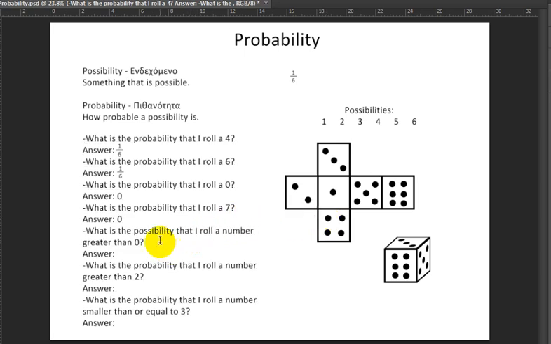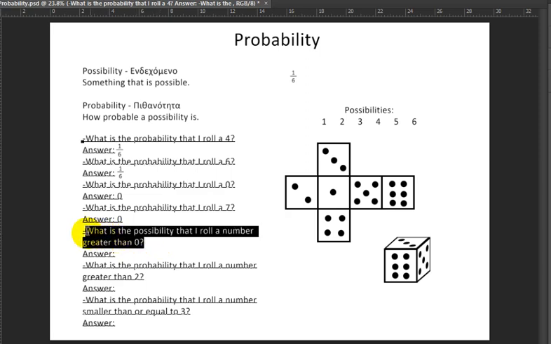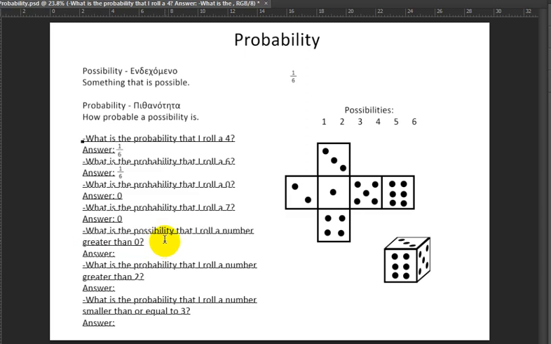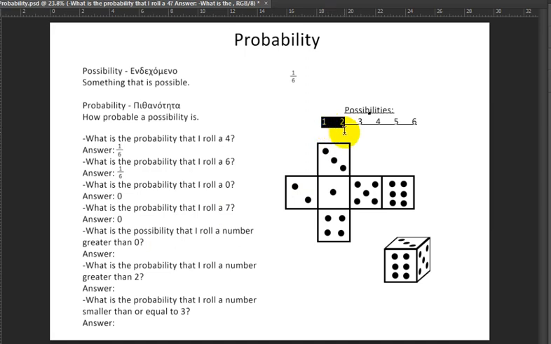Then look at the next question. The next question asks, what is the probability that I roll a number greater than 0? We want all the possibilities where we roll a number greater than 0. Is 1 greater than 0? Yeah. Is 2 greater than 0? Yeah. 3 also. 4 also. They're all greater than 0. So in all 6 possibilities, I have rolled a number greater than 0.